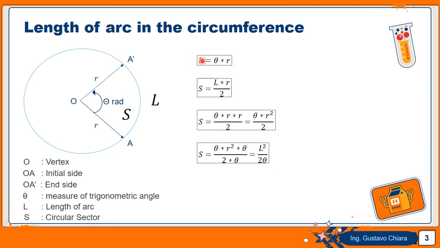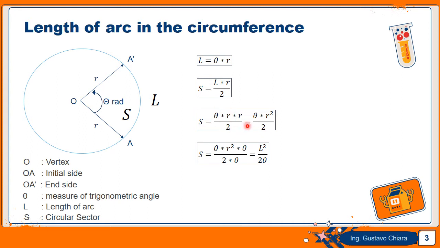Well, replace L equal to theta multiply R. We get that the area is equal to theta multiply R multiply R divided by 2. And this reduced expression is equal to theta multiply R squared divided by 2.